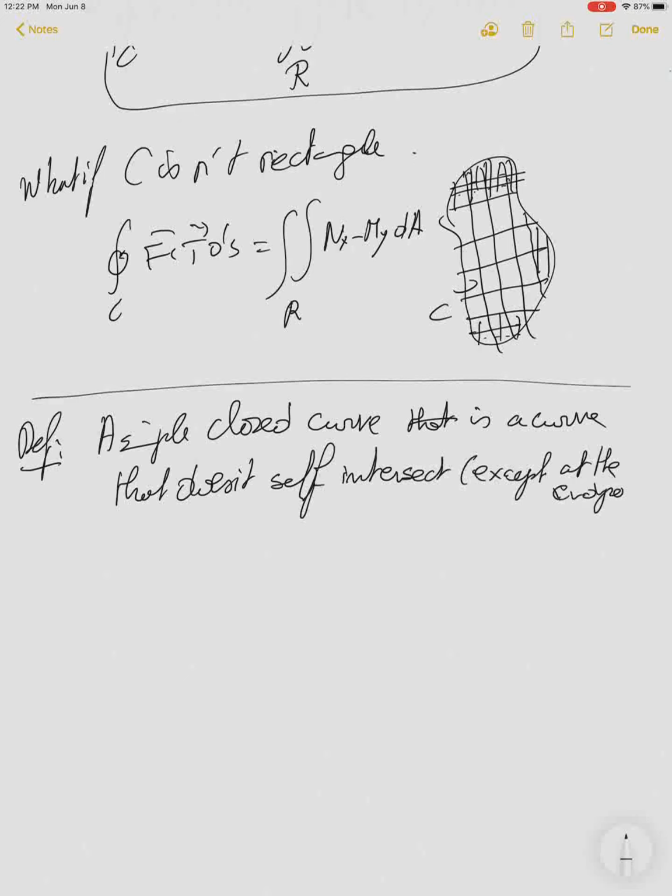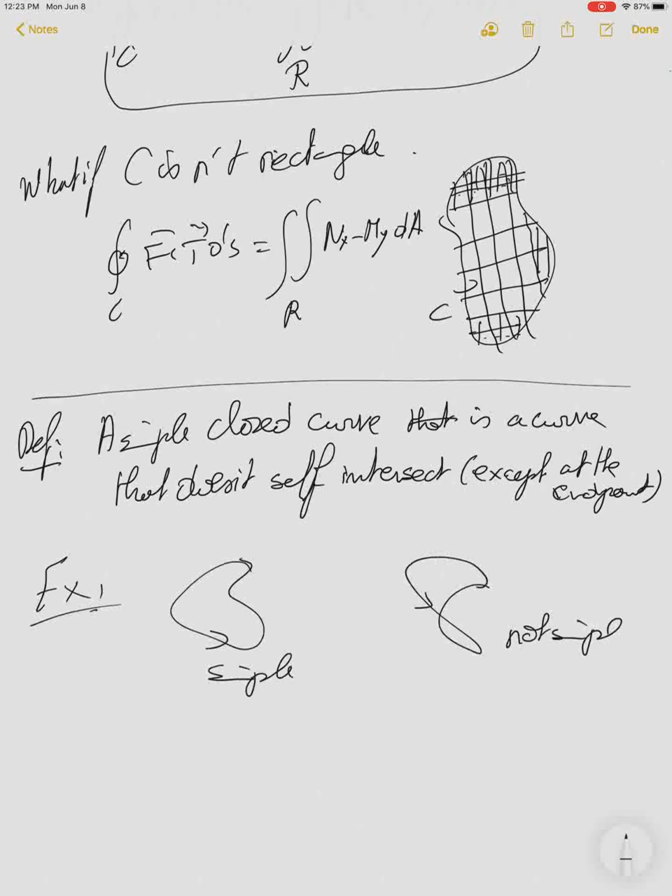I mean, it's closed, so it should intersect at the endpoint. Example, this is simple, but this is not simple. Why is it not simple? You have an intersection here, okay?